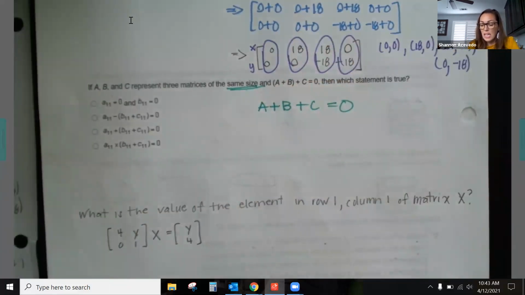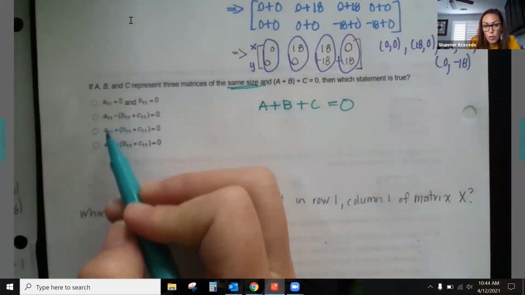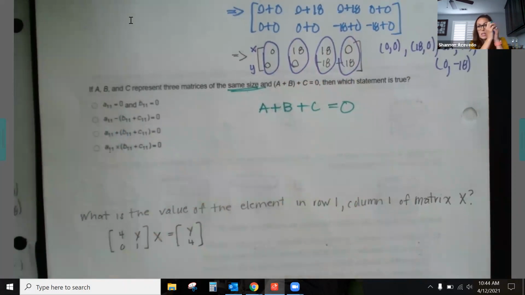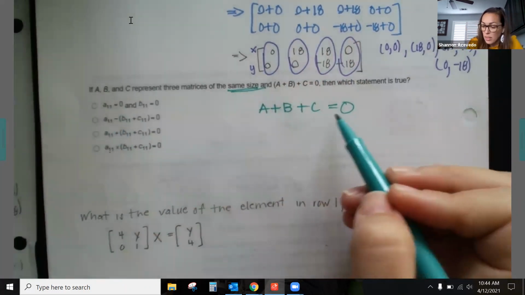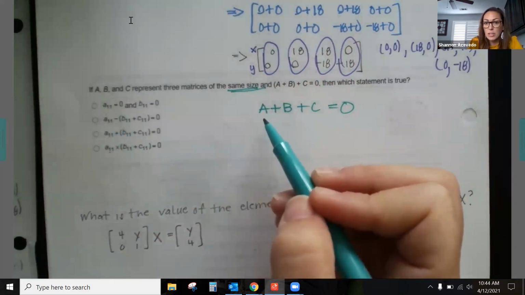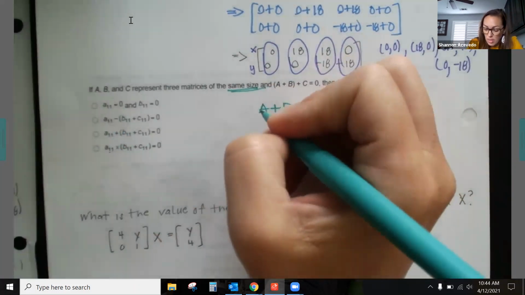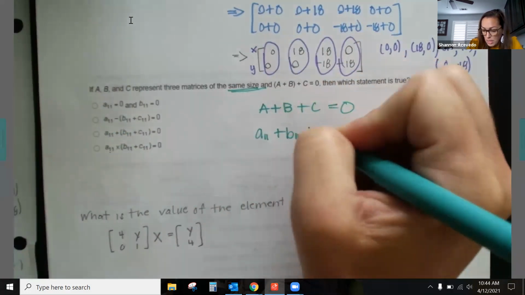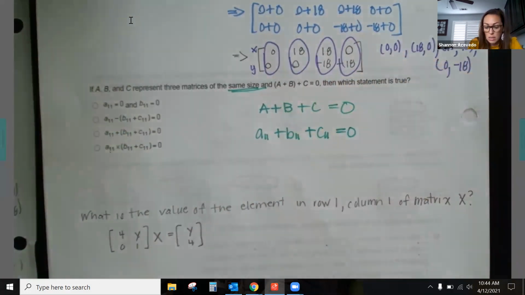These are talking about terms. This is saying row 1, column 1, so that first spot in my matrix for each one of them. What happens when I add them up? If I'm taking matrix A plus B plus C, then A11 plus B11 plus C11 would also have to equal 0.